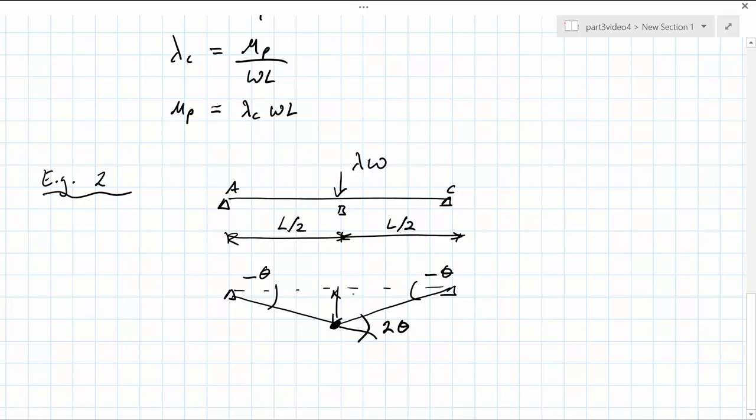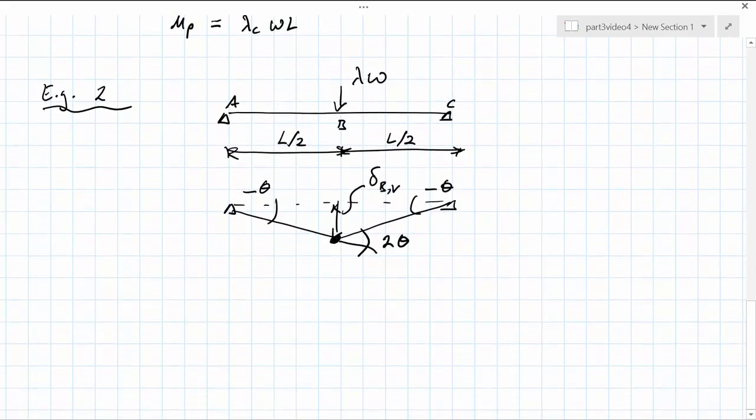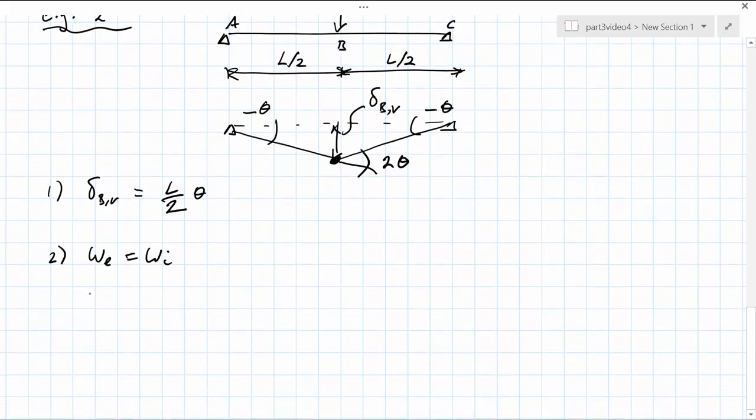The displacement under the applied loading is given by delta subscript B comma V. The displacement then can be calculated as L over 2 times theta, and equating the external work done to the internal work done, we have lambda W delta BV is equal to MB times 2 theta.